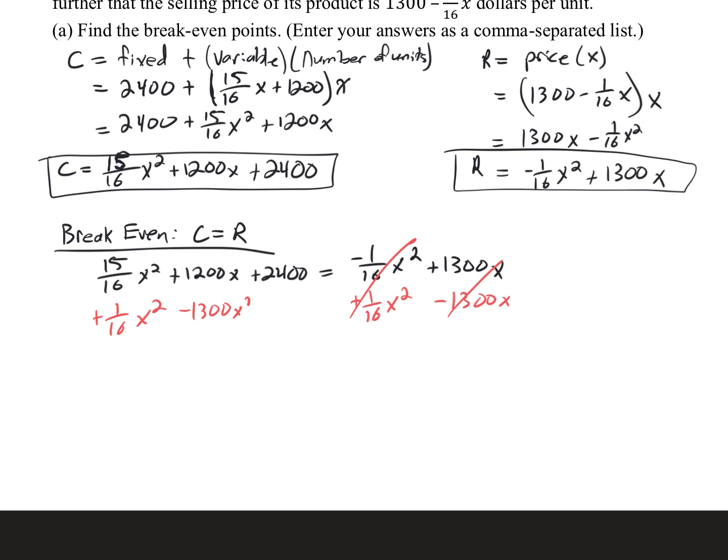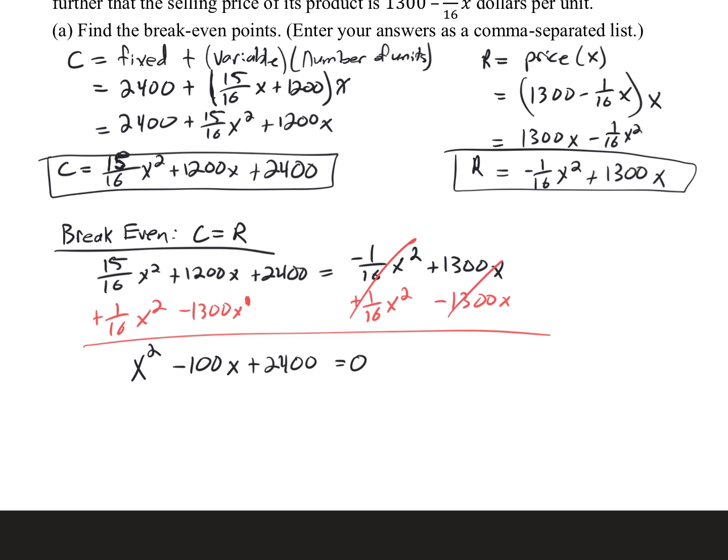Sorry, I said squared, just 1,300x. So on the right side of my equation, I get 0 is equal to, on the left side, thankfully and blessedly, somebody prepared this example ahead of time, and we don't have to deal with fractions, at least not at this point. We get x squared minus 100x plus 2,400.